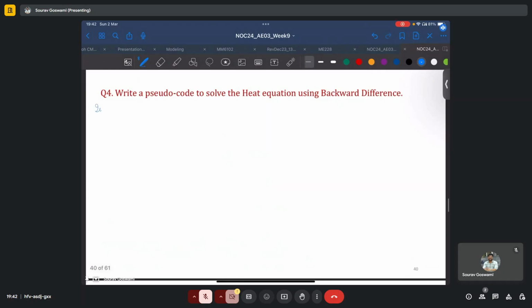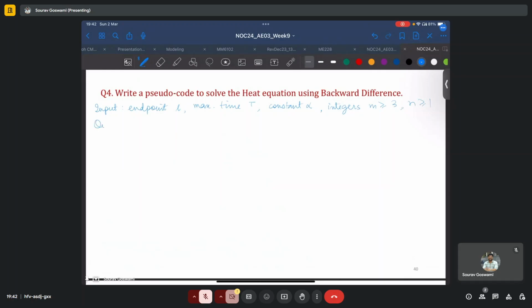The inputs it will require are the endpoint L, the maximum simulation time T, the diffusivity, or square root of diffusivity alpha, based on how you are formulating the problem, and the time step, with m greater than or equal to 3 and N greater than or equal to 1.